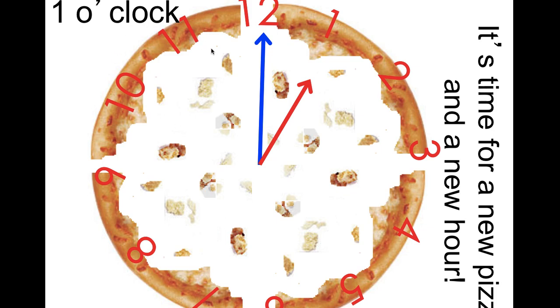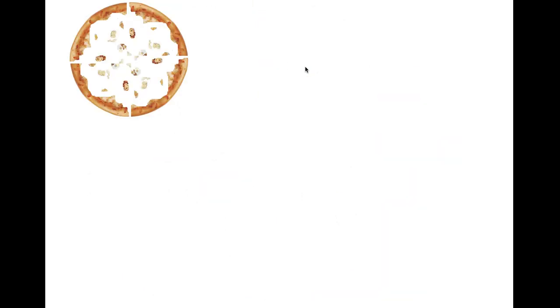Now let's move on to 1 o'clock. So we're going to do this with each time, just to get some better practice. So we have the hour hand at 1, minute hand at 12, or it would also be 0. So it's 1 o'clock. So 1 pizza eaten is 1 o'clock.